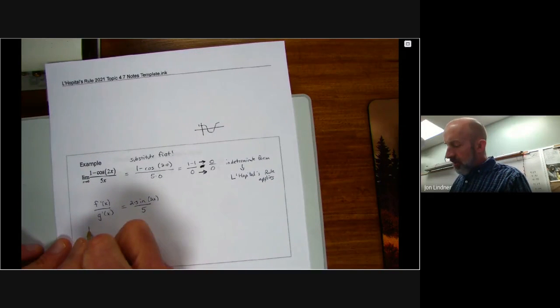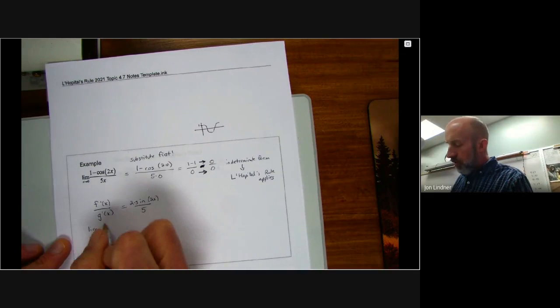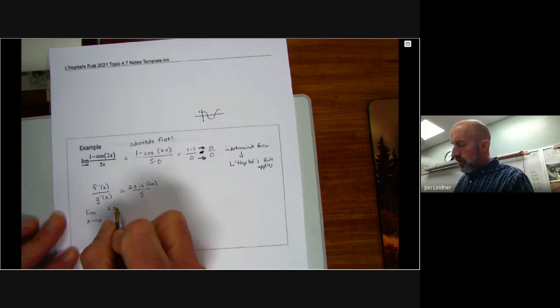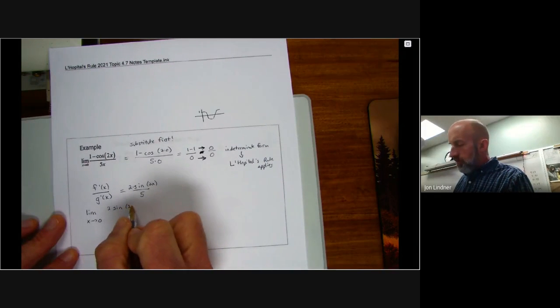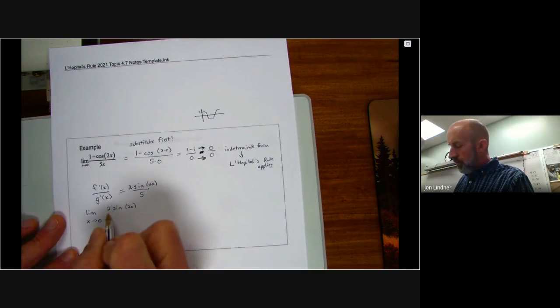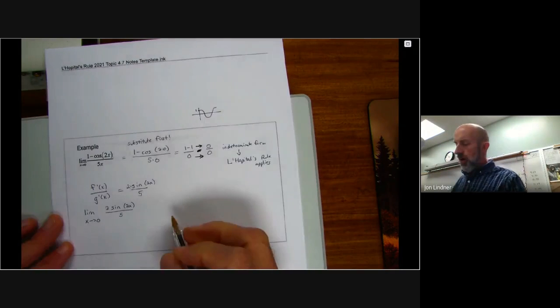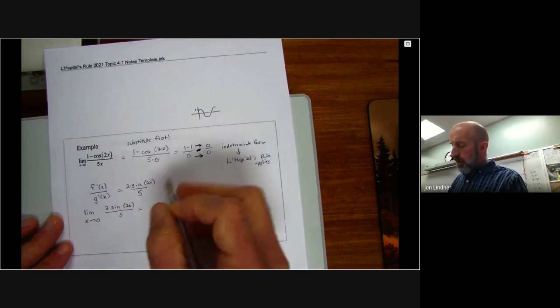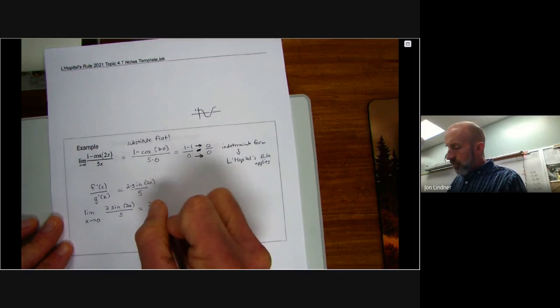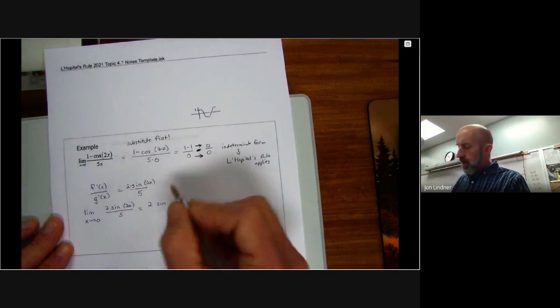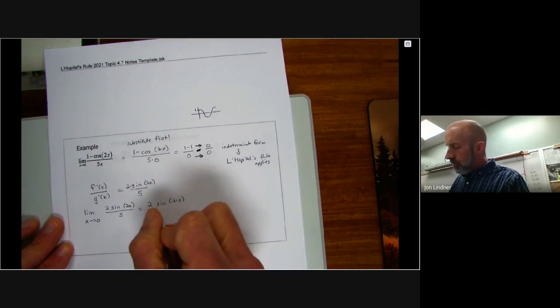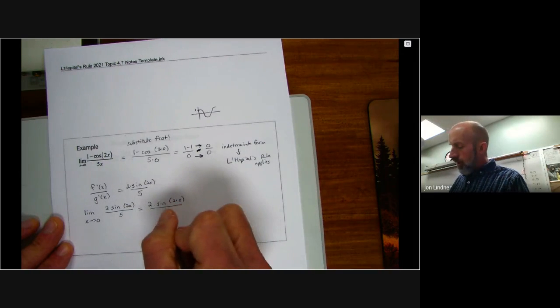And now I can evaluate the limit as x approaches 0 of that new expression, 2 sine of 2x all over 5. We're going to try to do substitution. So this is equal to 2 sine of 2 times 0 all over 5.